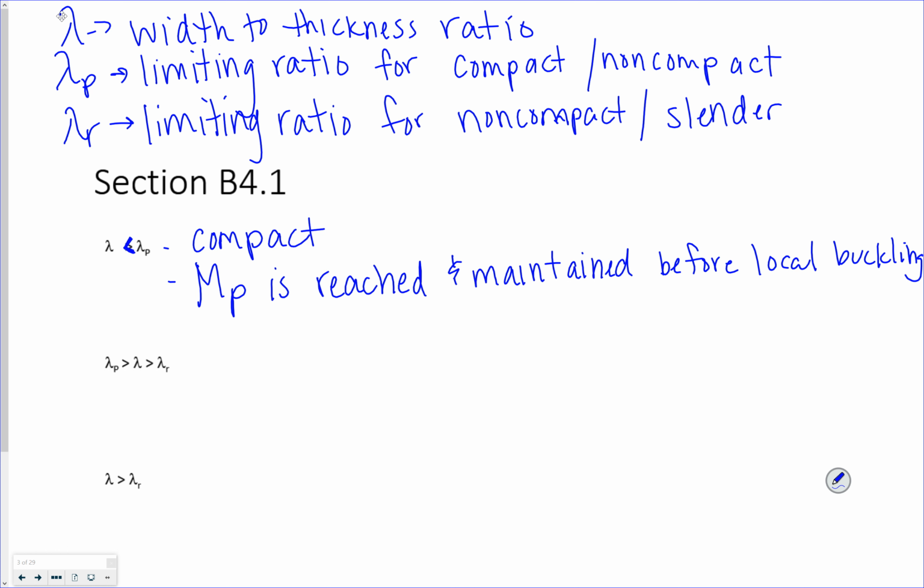If I'm between the two ratios, then my element is non-compact. And that means that I'm actually going to have some local buckling, but it's going to be in the inelastic range.